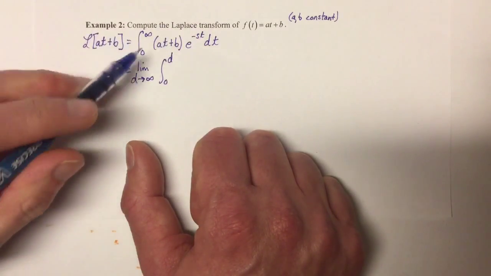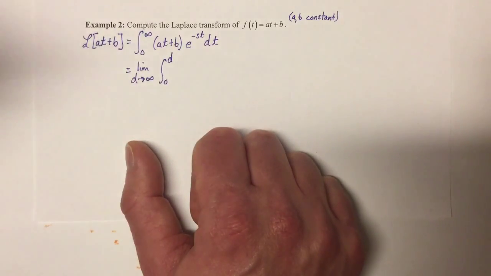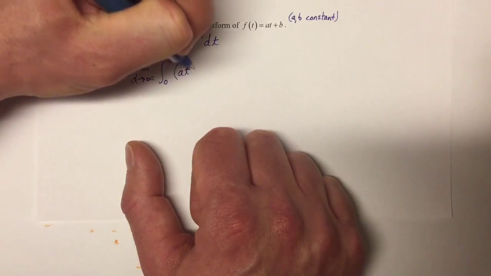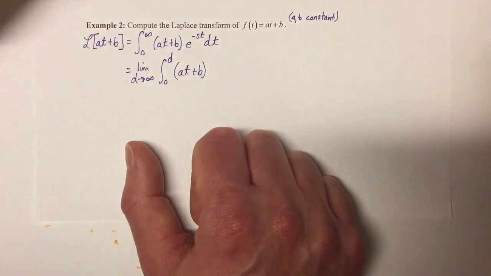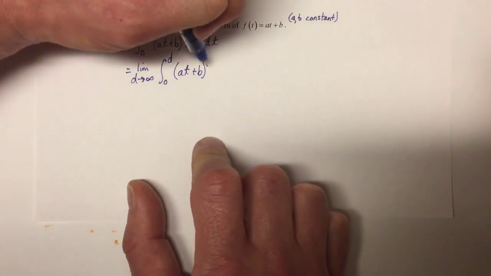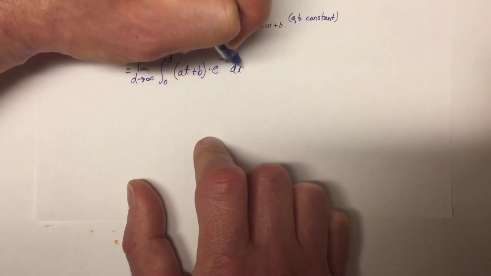I don't want to use a or b here because I've already used them. Limit as d goes to infinity of the integral from 0 to d of at plus b times e to the minus st dt.